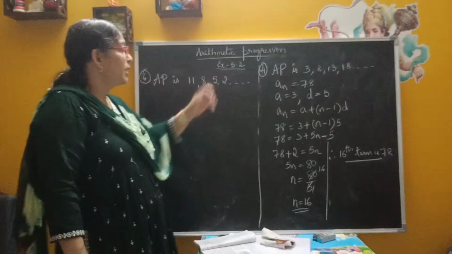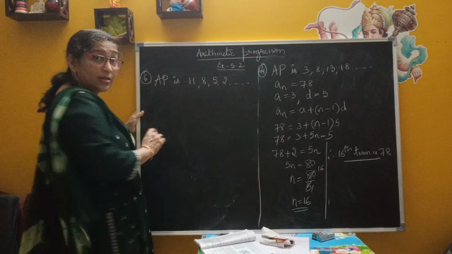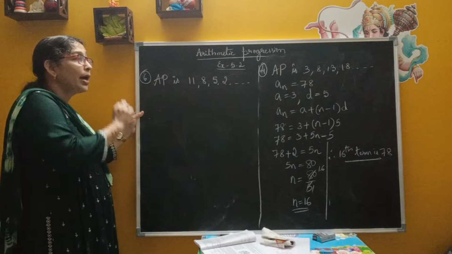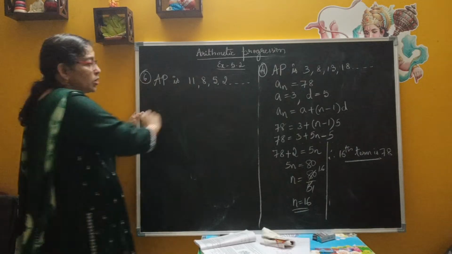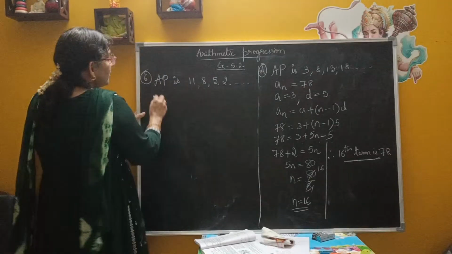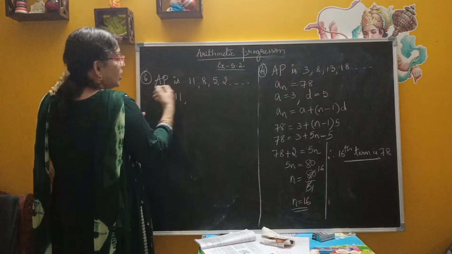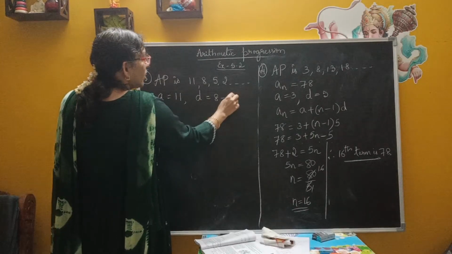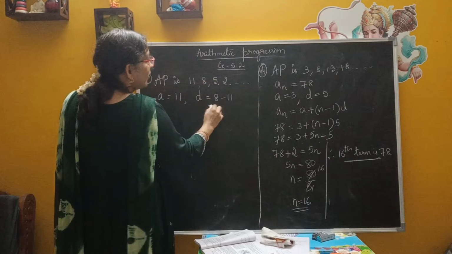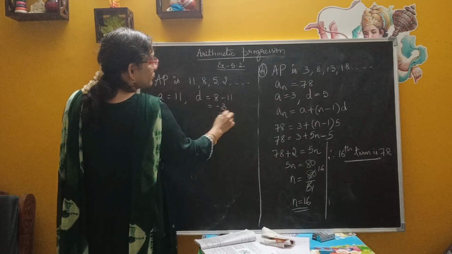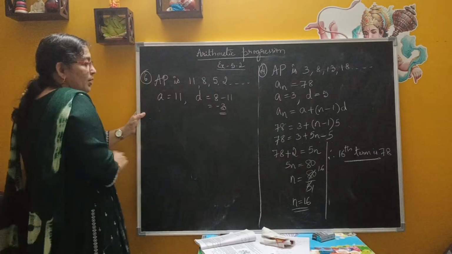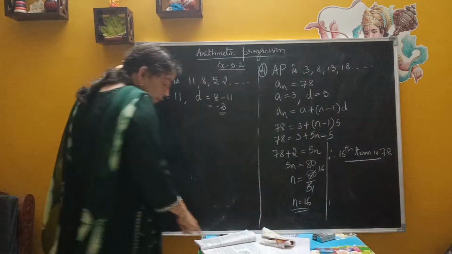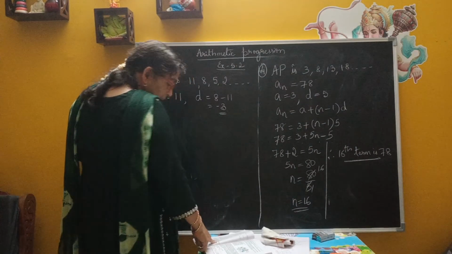Okay, let us check it now. What is exactly asked to find here? We need to find the value of n and come to the conclusion. So, what is given here? a is equal to 11, and d is equal to 8 minus 11, or 5 minus 8, which is minus 3. The d value is minus 3. Minus 150 is the value of an if n is a natural number.